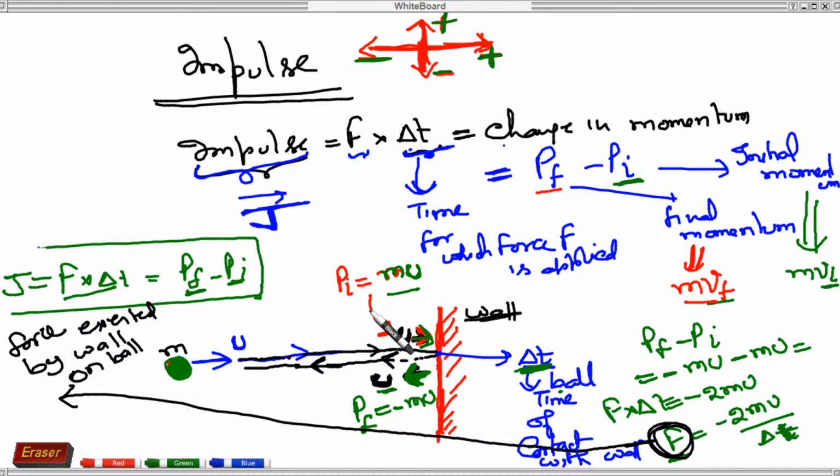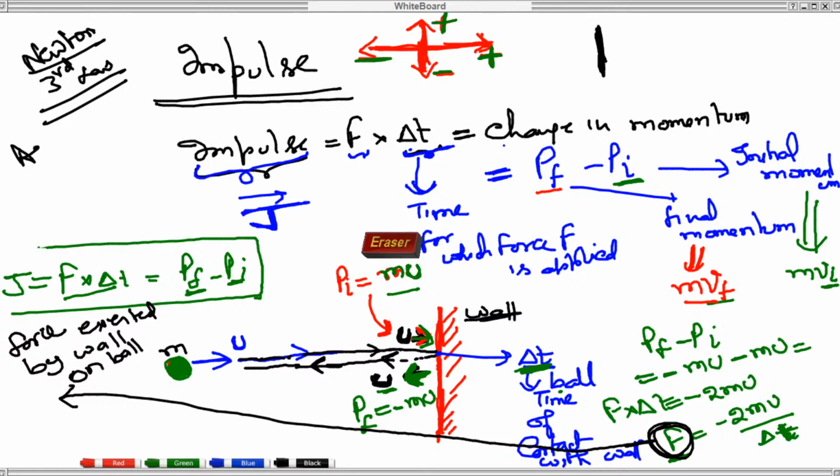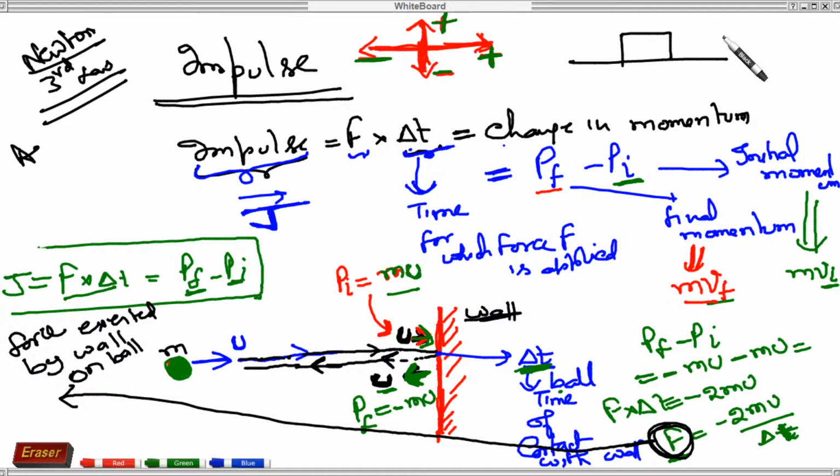We discussed Newton's third law: in every action there is an equal and opposite reaction. I gave you a lot of examples there. If a mass is kept on a table, a normal force will act on it. When we draw the free body diagram, the normal force acts upwards on the body, and the same normal force acts downward on the earth.